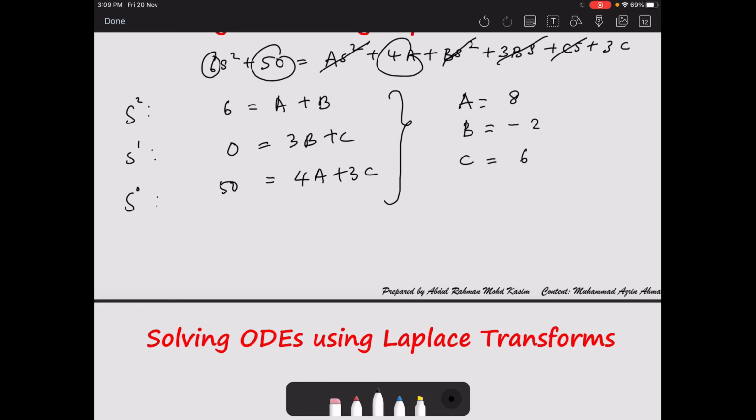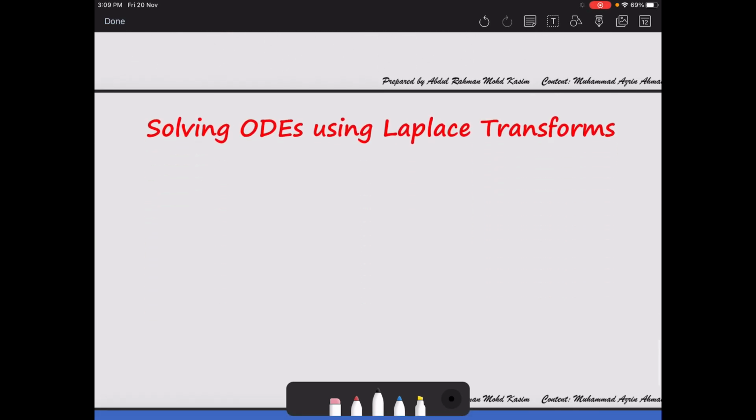So in that case, the full equation you will have is Y(s) is equal to 8 over s plus 3, minus 2s over s squared plus 4, plus 6 over s squared plus 4. So you need to take the inverse of each term. I do it one by one.